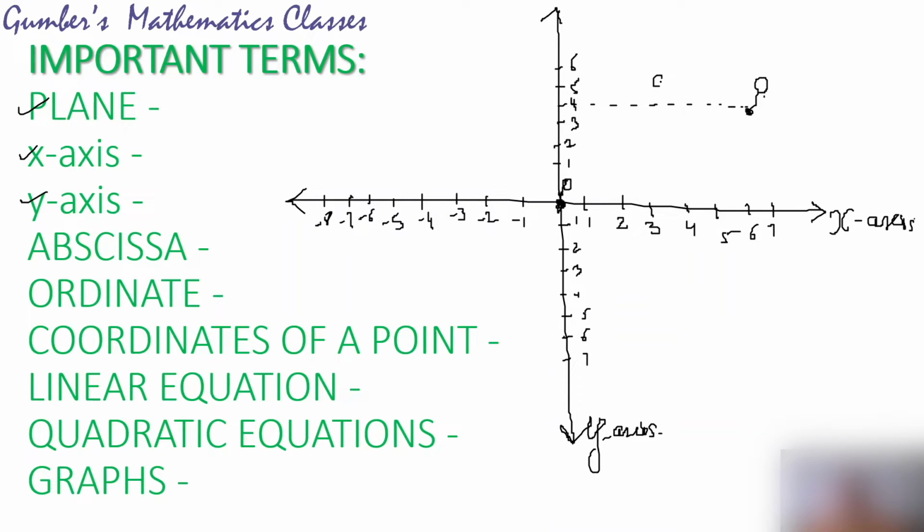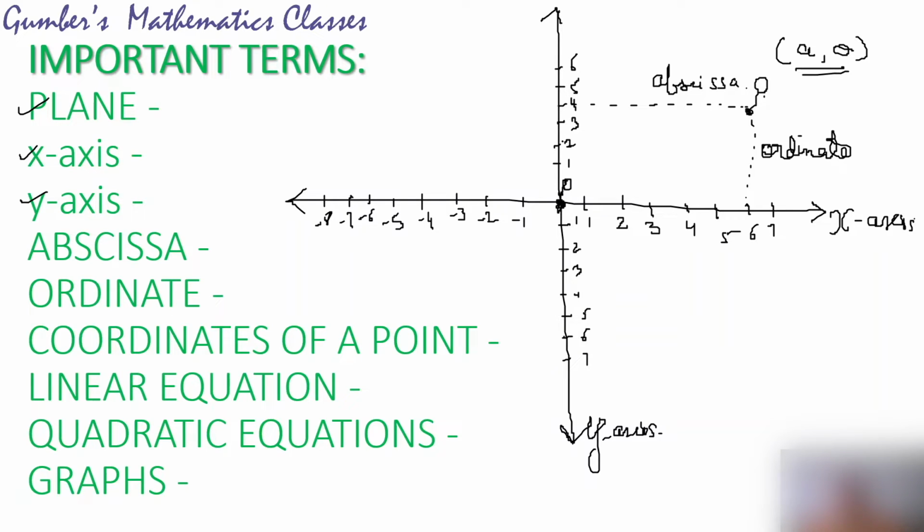This is known by the name abscissa. And the distance from the x-axis is known by the name ordinate. If we mention both abscissa and ordinate, this is known by the name coordinates.